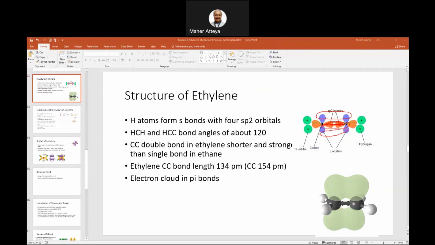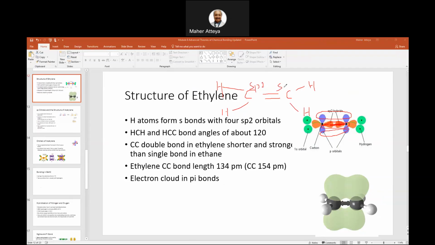two orbitals. So you can see here, ethylene has the same thing, a double bond. If you look at the hybridization, here is hydrogen and here is hydrogen, so you have sp2, this one sp2.